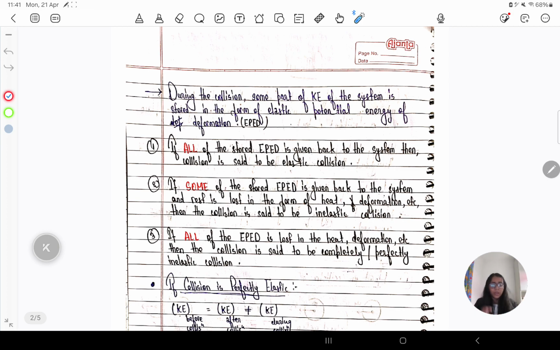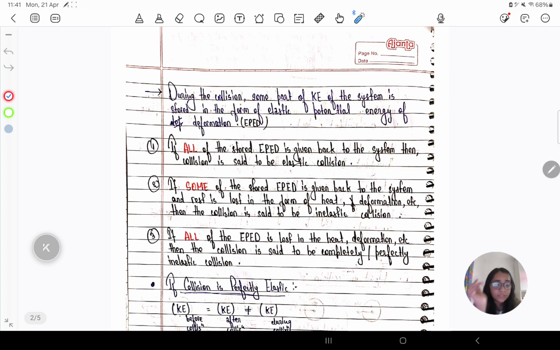After collision, some of that stored EPED is given back to the system, while the rest is used up or wasted in the form of heat or deformation, right? That type of collision is called imperfectly elastic or imperfectly inelastic collision. It could be on either side.